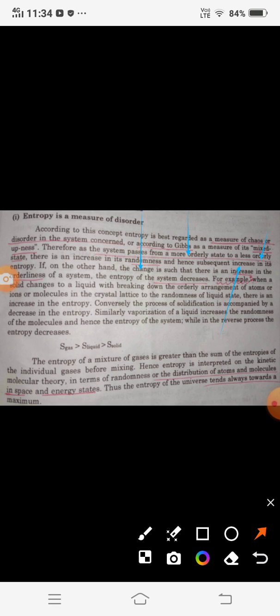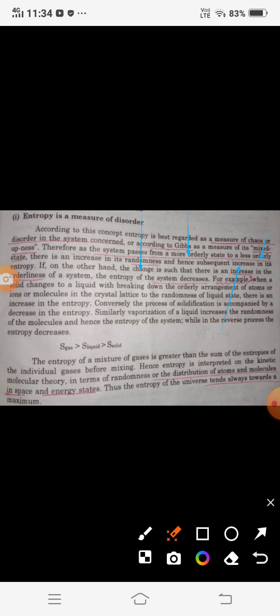For example, when a solid changes to a liquid, you know that the particles in a solid are highly arranged. When the arrangement changes from the solid to the liquid, they go from a highly ordered state towards a less ordered state. So the disorderness is increasing and the entropy is increasing.